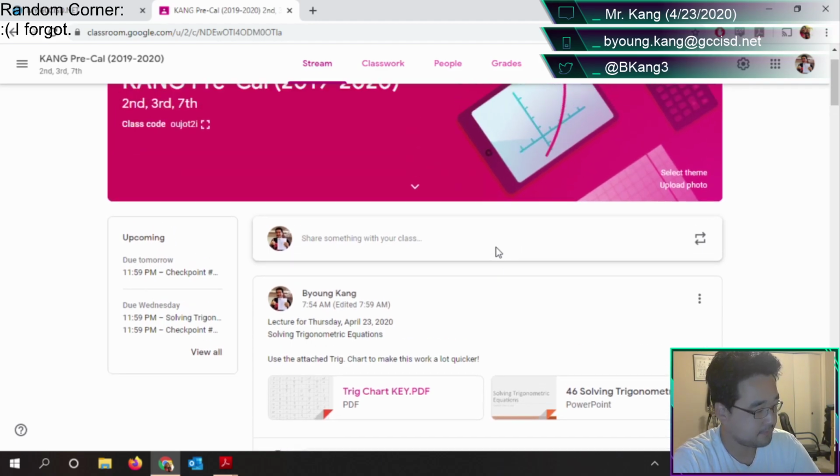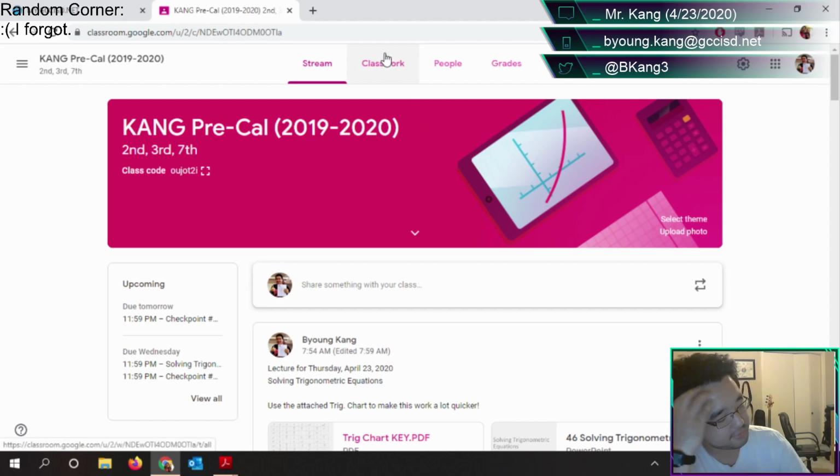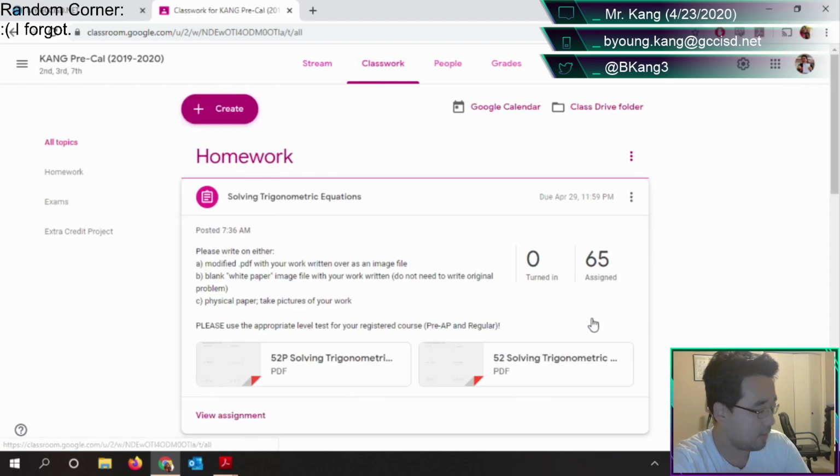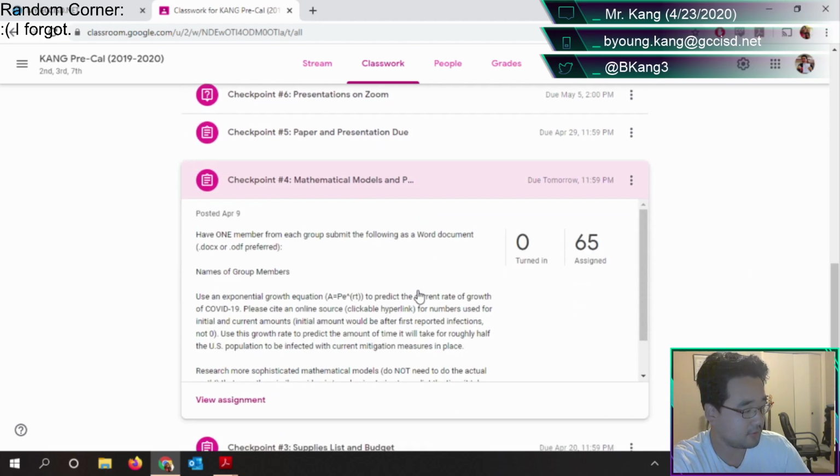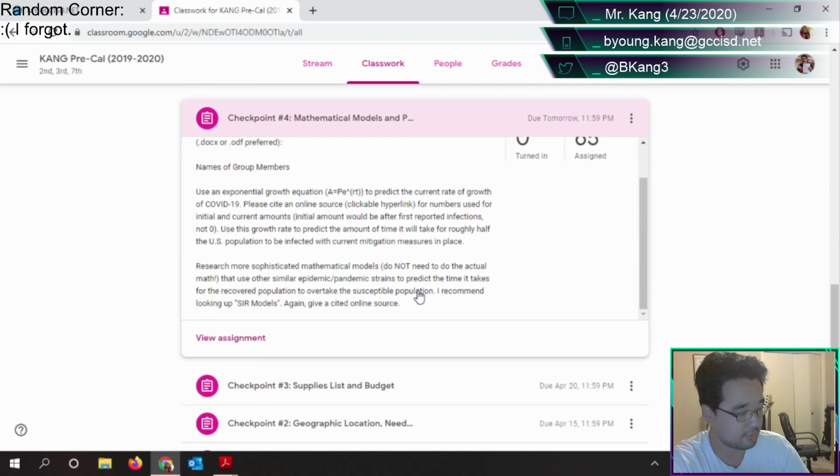Extra credit checkpoints. You have one due tomorrow. Tomorrow's is basically the last actual research portion of this. For those of you involved in this extra credit, you're going to be solving a math equation and looking up some math things, and I'll tell you all the instructions here.